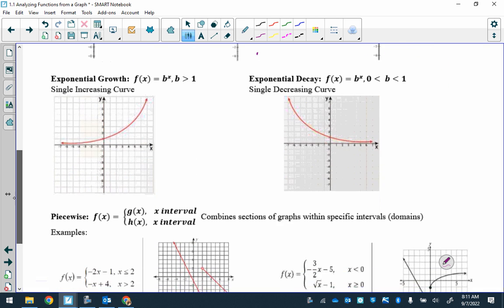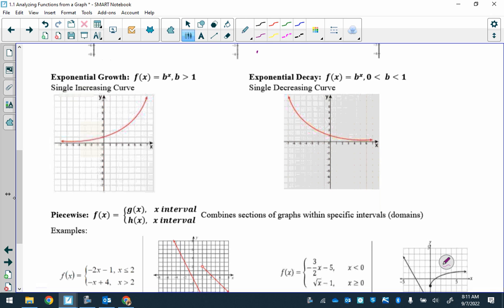Now our lovely exponential graphs. What is the difference with this? We have our domain, which would be what? It would still be the same. But one thing about exponentials is what? Yeah, Brian. The range is different because why? Good.